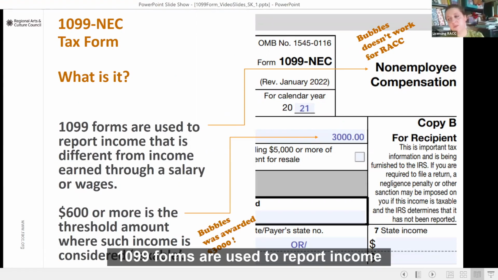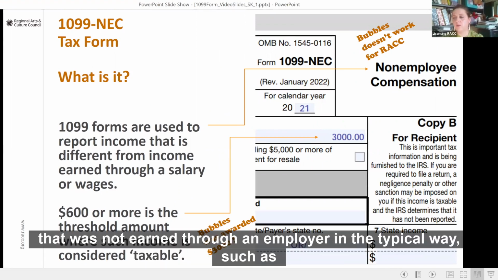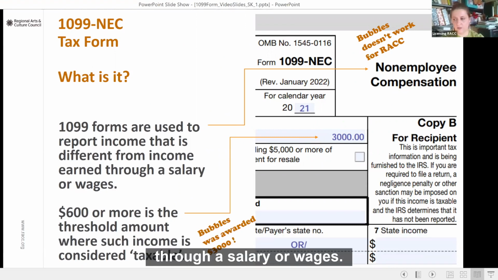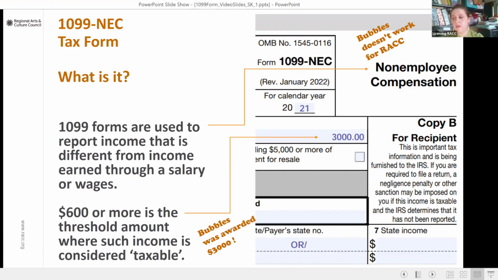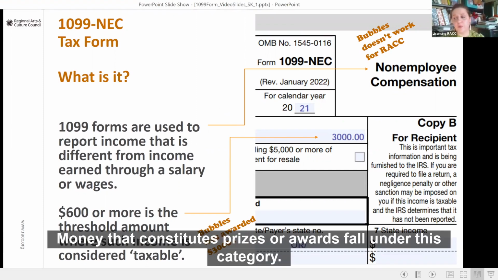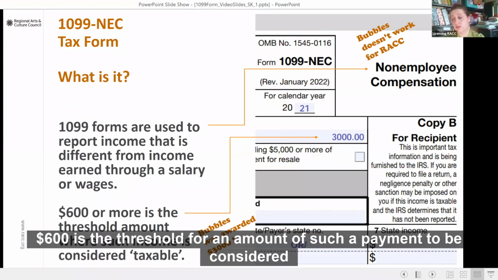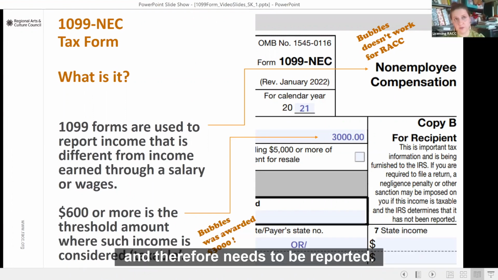1099 forms are used to report income that was not earned through an employer in the typical way, such as through a salary or wages. In this case, we're using a 1099 NEC, which stands for non-employee compensation. Money that constitutes prizes or awards fall under this category. $600 is the threshold for an amount of such a payment to be considered taxable and therefore needs to be reported.